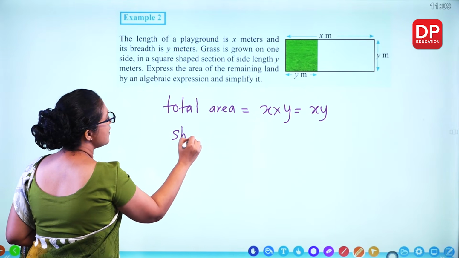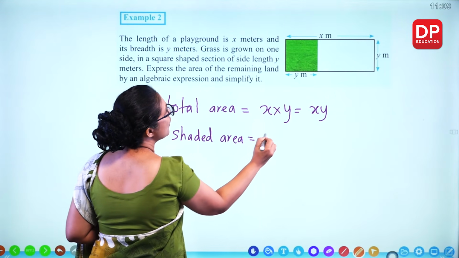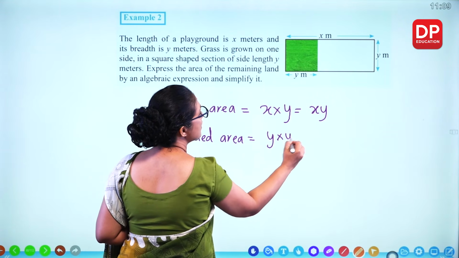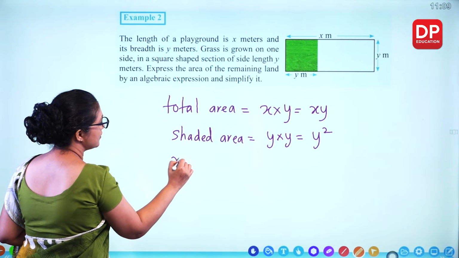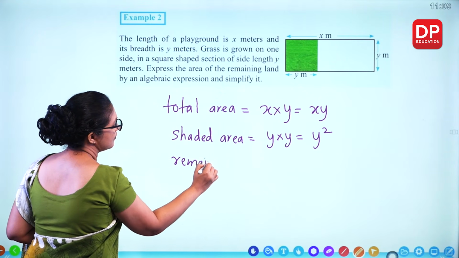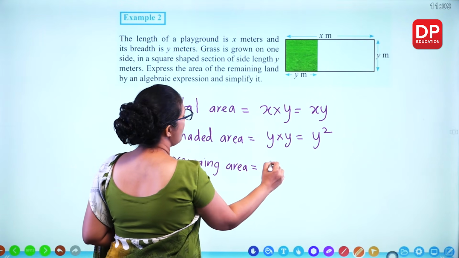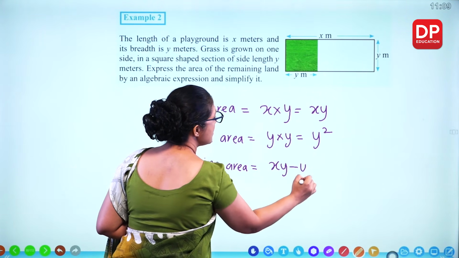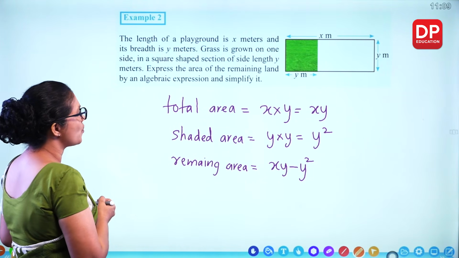So shaded area, y times y, that's y squared. So what's the remaining area? It is total area minus the shaded part, xy minus y squared.